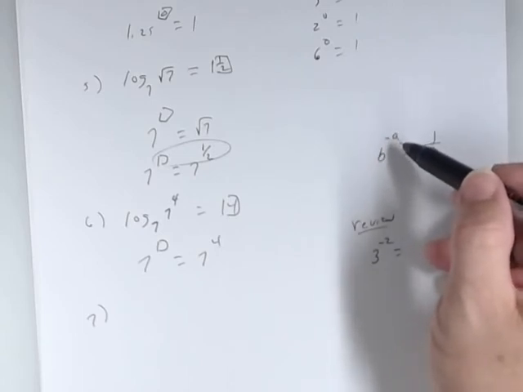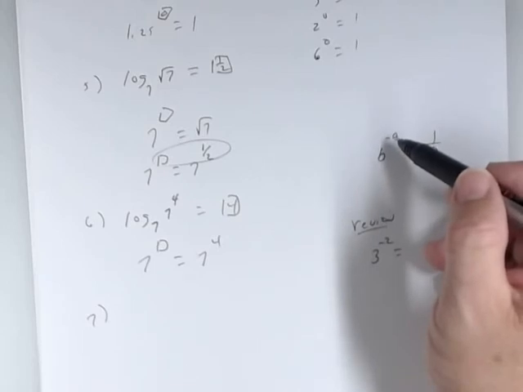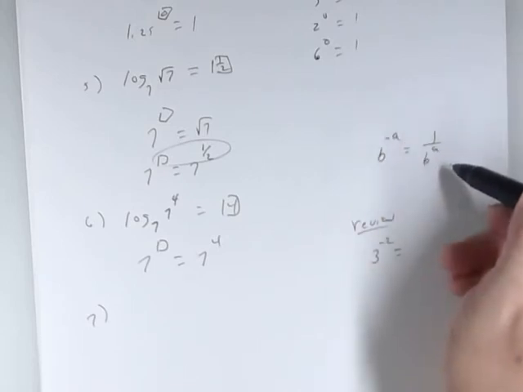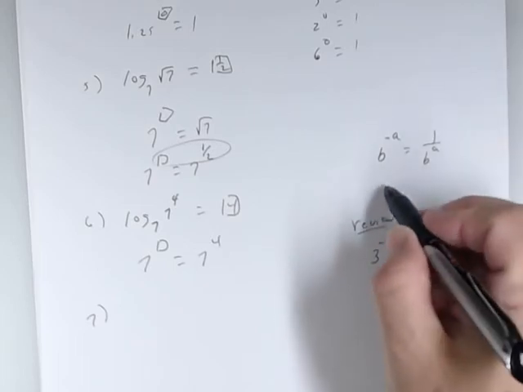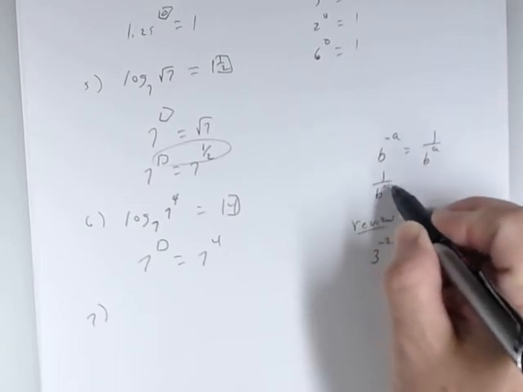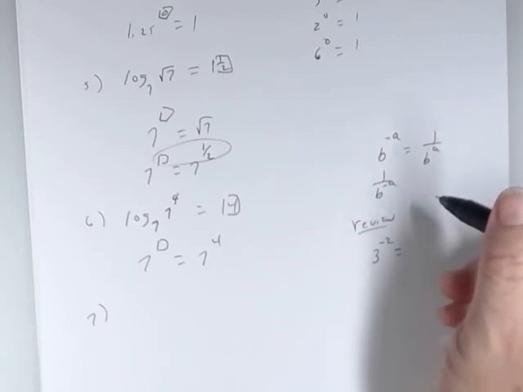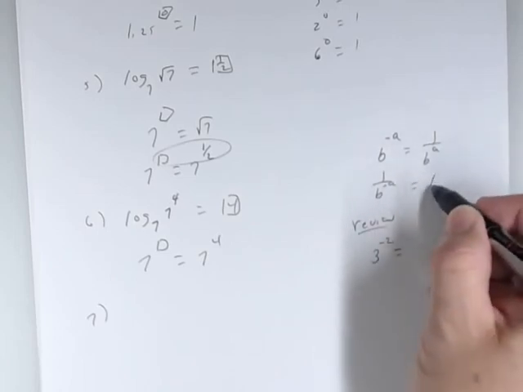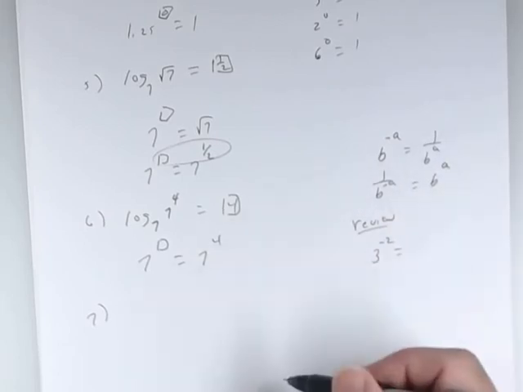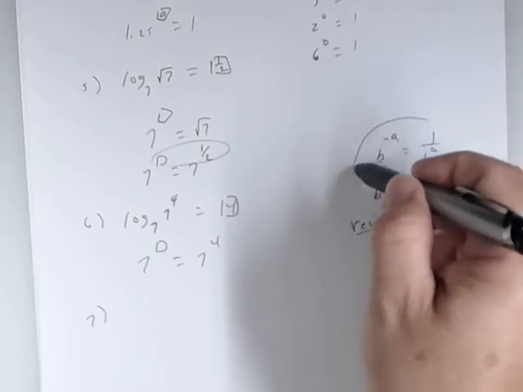To make the exponent positive, you put it into the denominator. You also learned that if it's negative in the denominator, you put it in the numerator. So that's just b to what power? A.